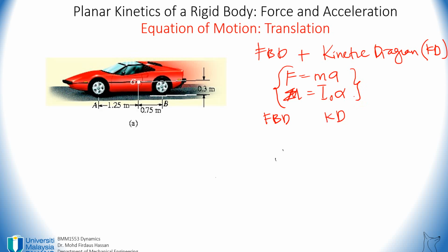Alright, for this figure you just draw a box. You don't need to draw the exact one. You have a wheel here, G is here. So you have the weight. The weight is given by the mass, 2 megagram, or 2000 kilogram.